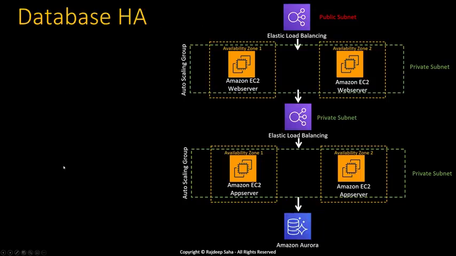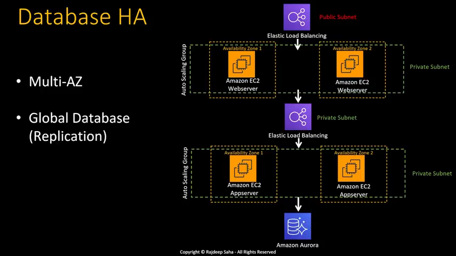So let's say we are using Amazon Aurora for our 3-tier architecture. So you might get this question, how are you going to make this database highly available? That's the beauty of AWS native databases. Out of the box, Amazon Aurora is multi-AZ. So one copy of data is saved into multiple availability zones. And even if one availability zone goes down, Aurora will automatically promote another copy of the data as the primary instance.